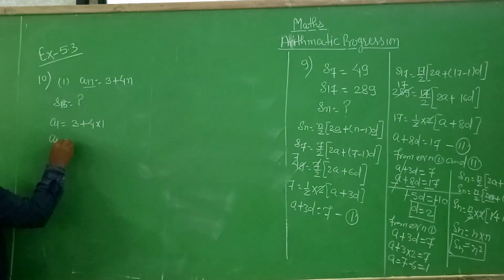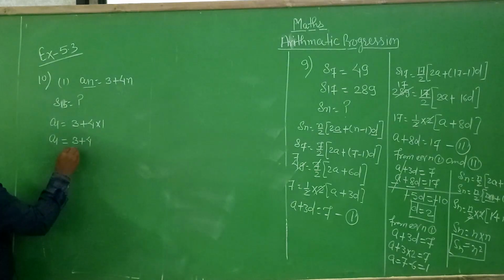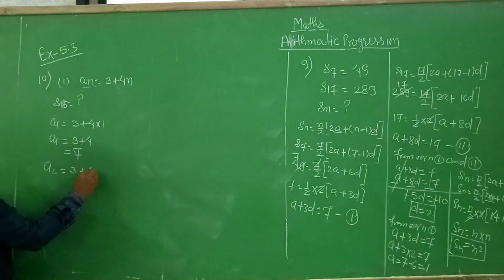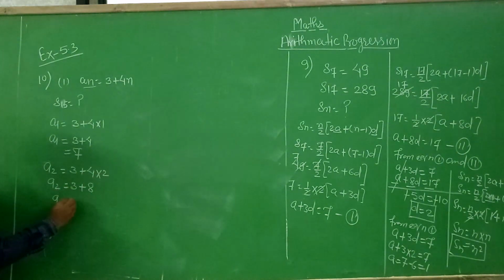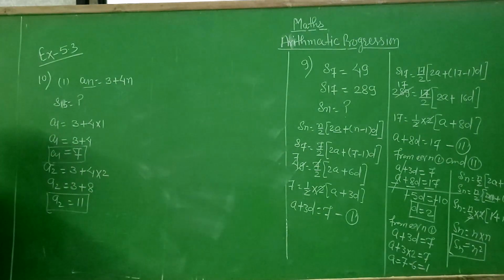So a1 is equal to 3 + 4, this is equal to 7. Then a2 is equal to 3 + 4 into 2. So a2 is equal to 3 + 8, so a2 is equal to 11. Here a1 is equal to 7 and a2 is equal to 11.